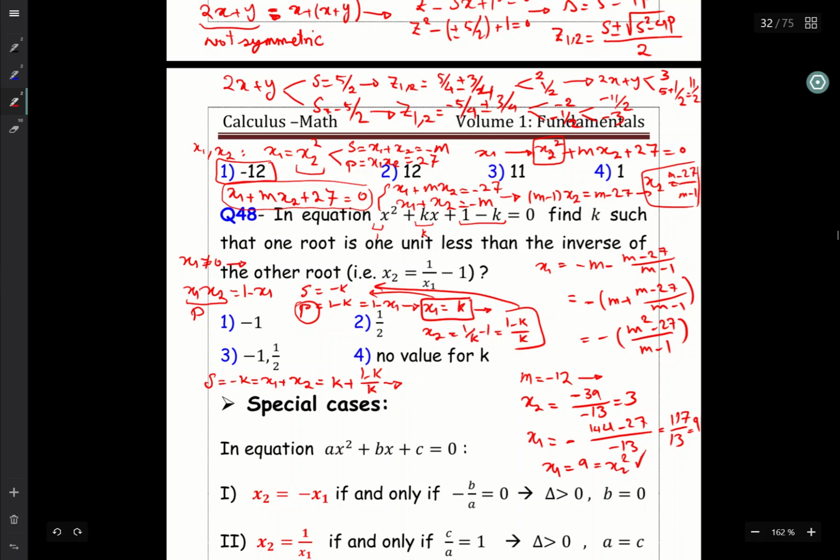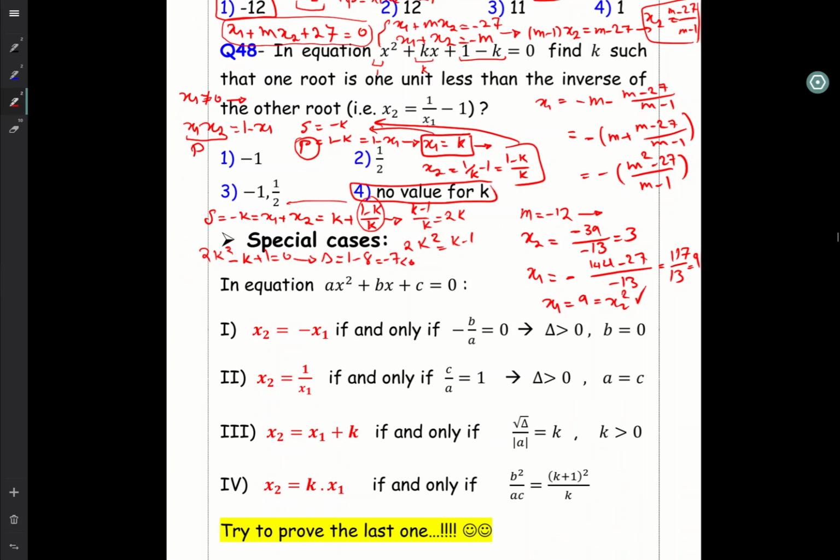I bring 1 minus k to the other side. So (k minus 1) over k should be 2k. So 2k squared is k minus 1. And we already know how to solve this equation: 2k squared minus k plus 1 equals 0. Delta is 1 minus 8, which is minus 7. So delta is negative. So there is no value for k. Choice number 4.